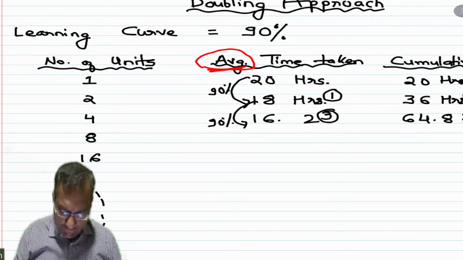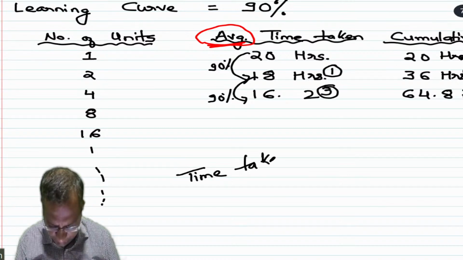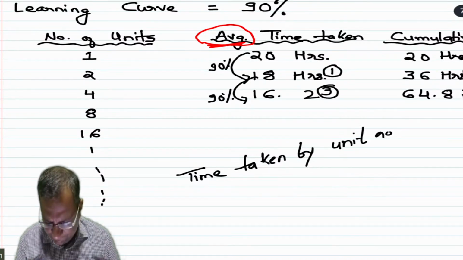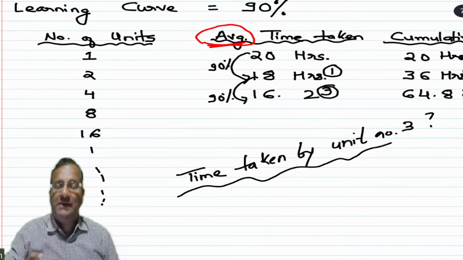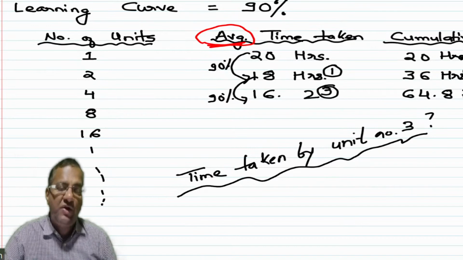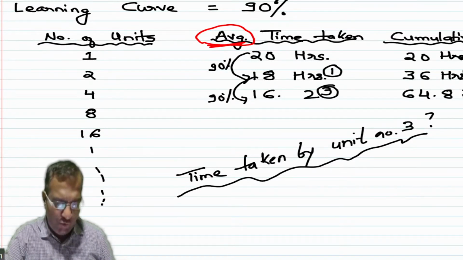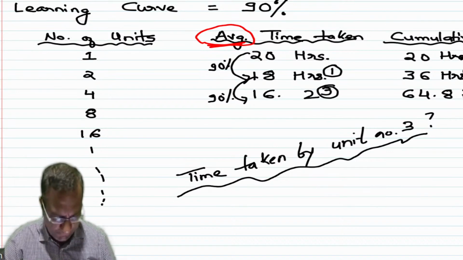Now, my question to you is whether we can ascertain the time taken by unit number 3. Can you ascertain the time taken by unit number 3? How much time would it have taken to manufacture unit number 3? Just try on your own, beta. Then we will discuss.